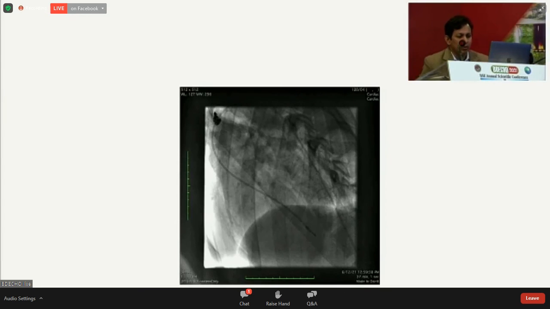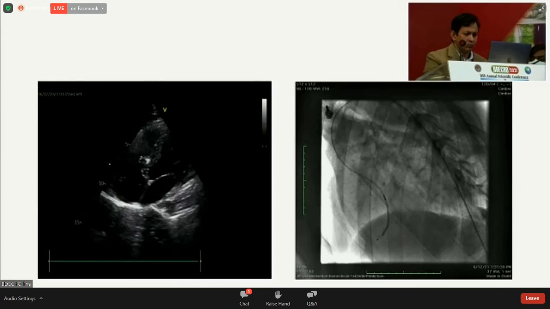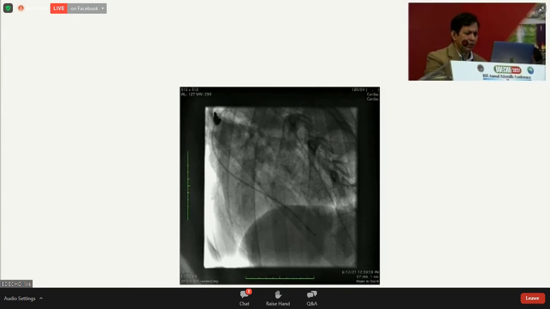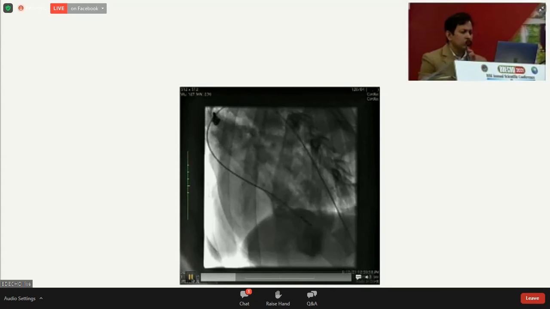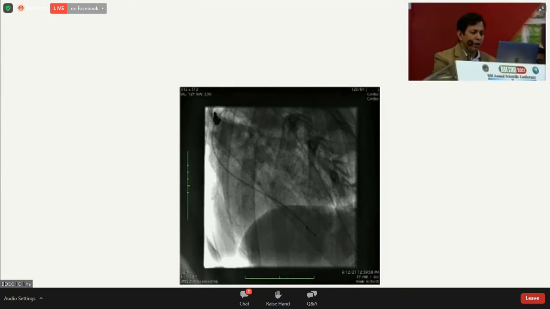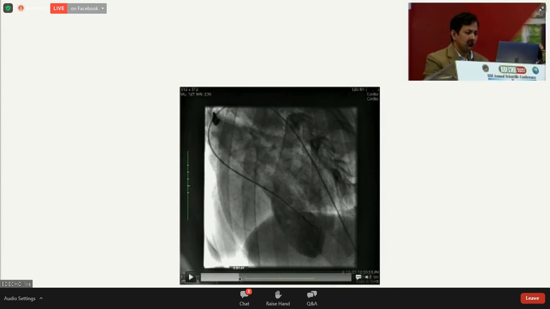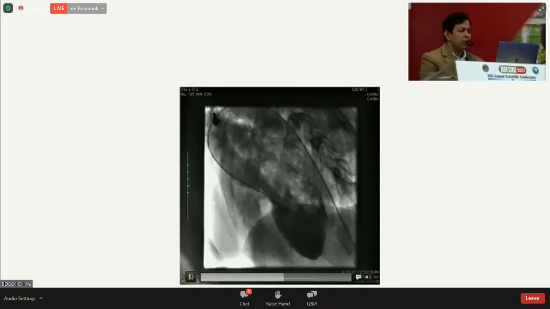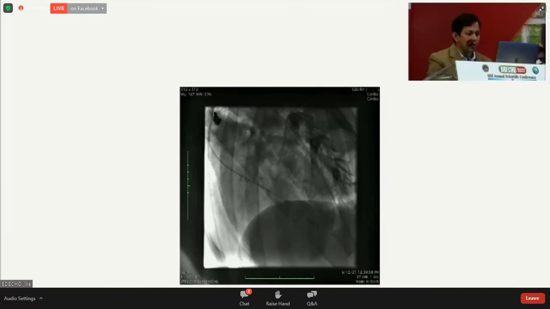And we have done an angiogram in LA cranial view. Cranial angiogram showing a small VSD, and it is significantly away from the aortic valve.